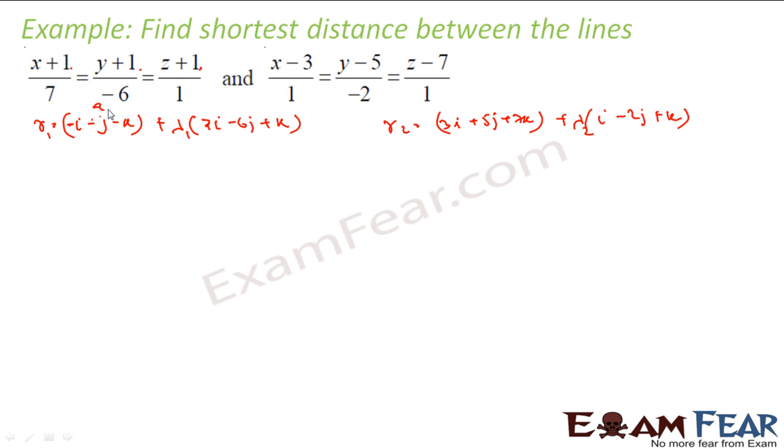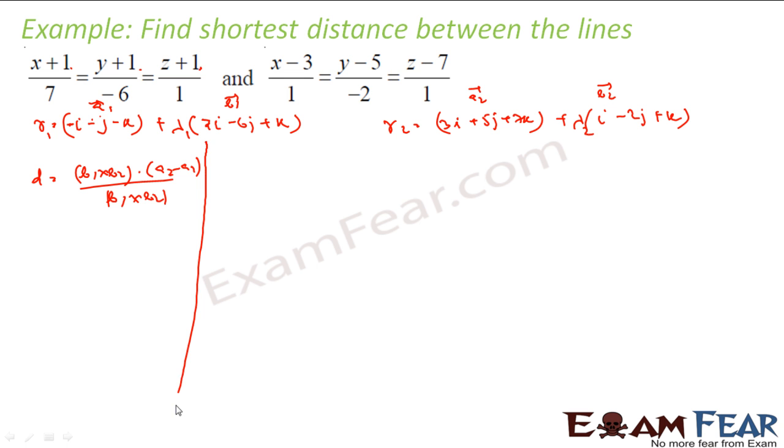This is my A1 vector, this is my B1 vector, this is my A2 vector, and this is my B2 vector. I know the formula. D is nothing but B1 cross B2 dot A2 minus A1 by magnitude of B1 cross B2.